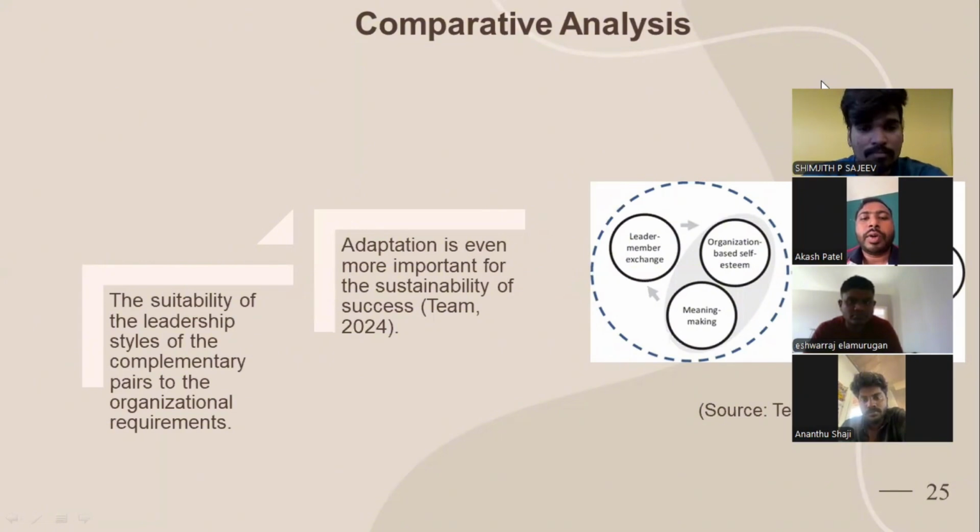The work of those leaders is complementary in that their tactics promote creativity in addition to business sustainability. Moving forward, there will be a need to carry on with leadership evolution as a way of coping with upcoming challenges and opportunities. Next slide, please.